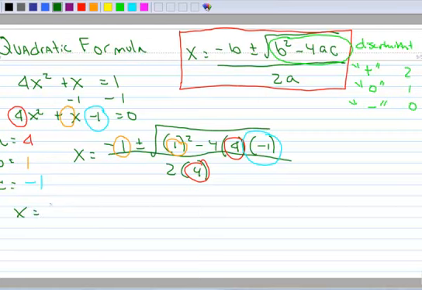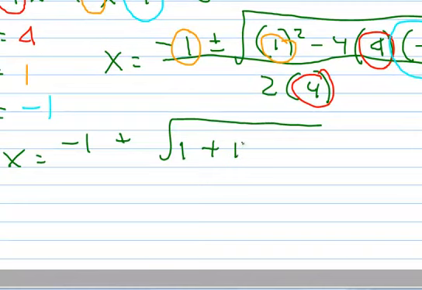So negative 1 plus or minus, let's talk through this, 1 squared is 1, and 4 times 4 is 16, times 1 is 16, negative times a negative is a positive, and the denominator, 2 times 4 is 8.